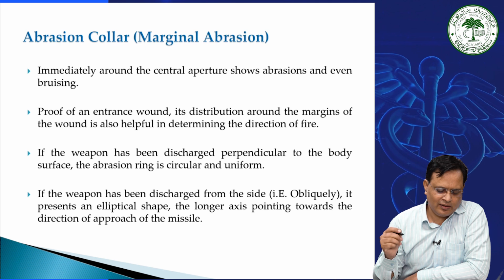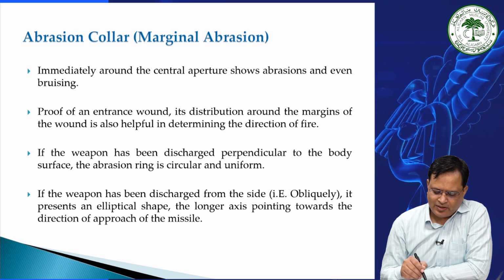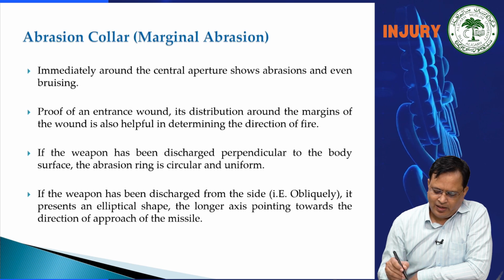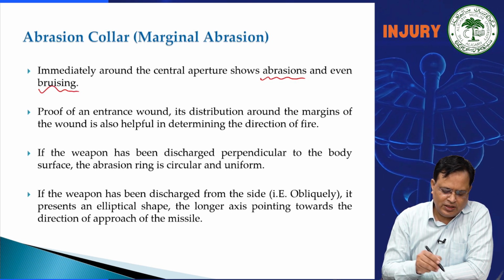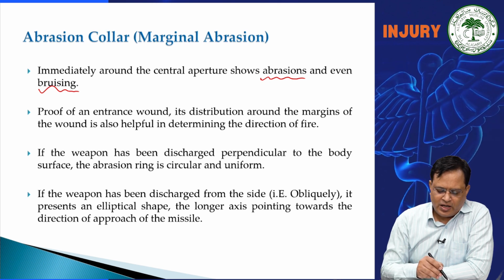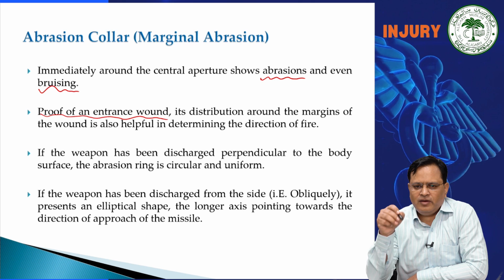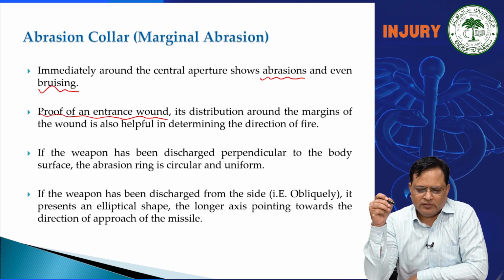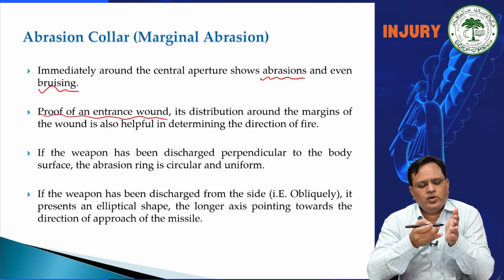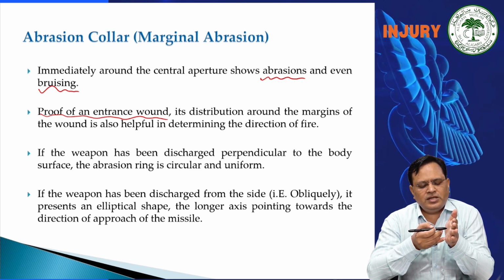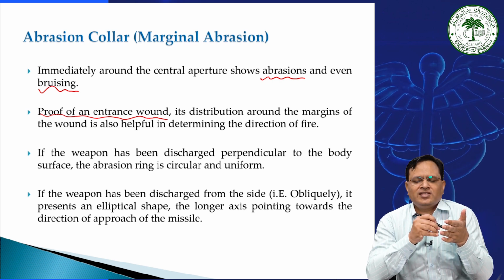Then we have another collar also, we will see. Immediately around the central aperture there is abrasion, even bruising. Abrasion is there and bruising is there. This is the proof of an entrance wound, because here we have an interaction. The bullet comes to the tissue with a certain amount of velocity, interacts here and tries to go inside.